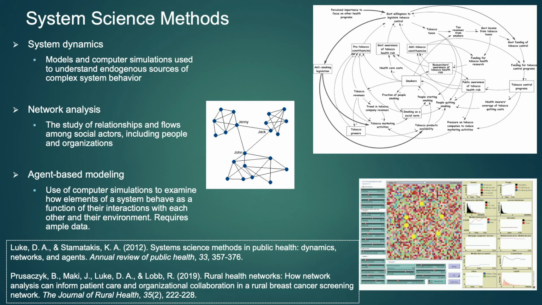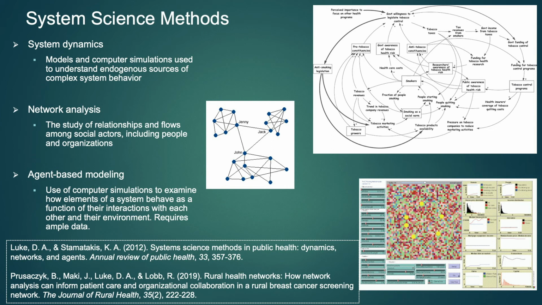So for example, you could look at whether decision makers in service systems share knowledge about research evidence on addressing issues in public health, and create networks and learn about how those networks operate, and you could intervene in those networks to promote change. And then agent-based modeling, which is the use of computer simulations to examine elements of system behavior as a function of interactions with each other.